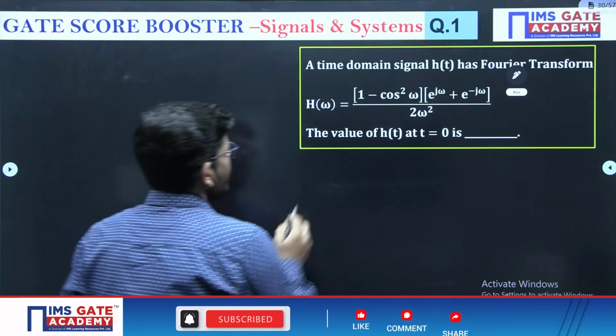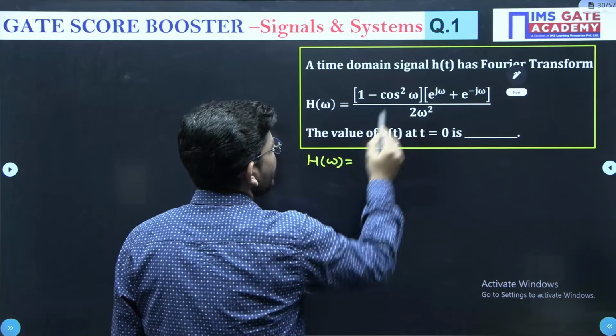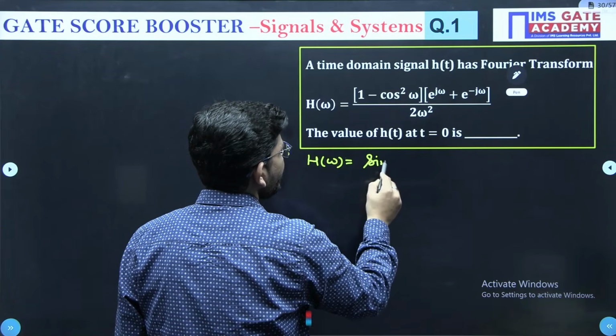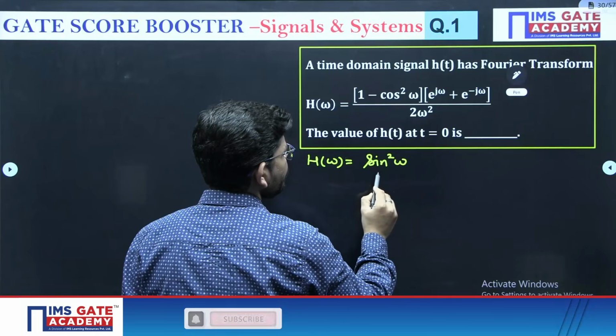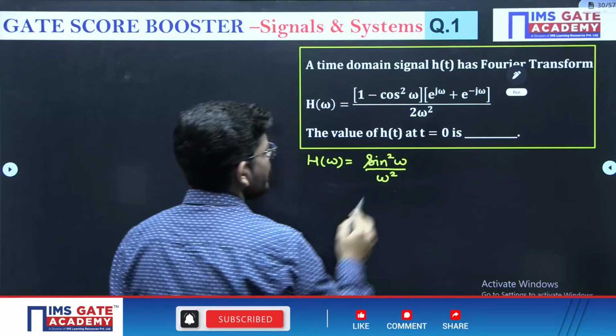See, we can adjust this H(ω). It is (1 minus cos 2ω) upon ω², which we can write as sin²ω divided by ω².